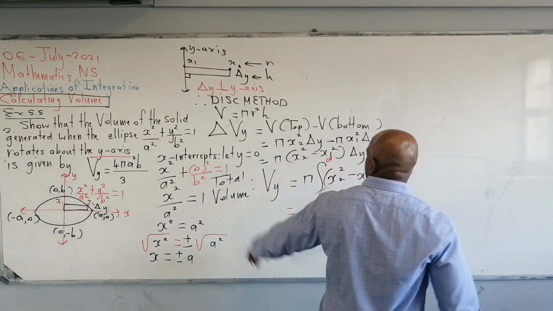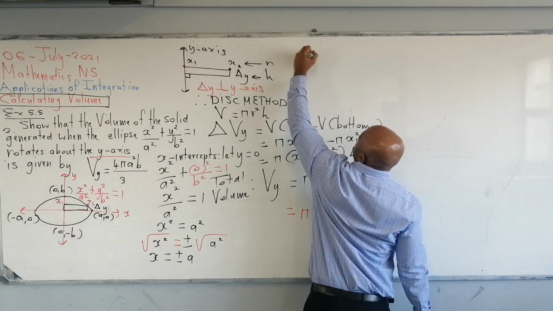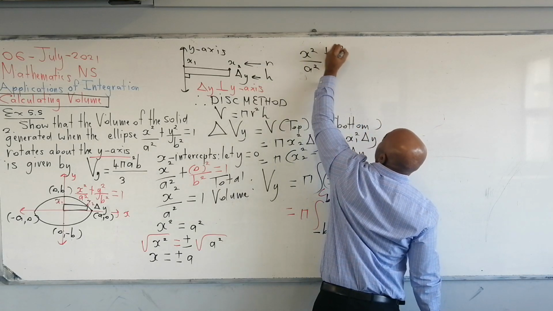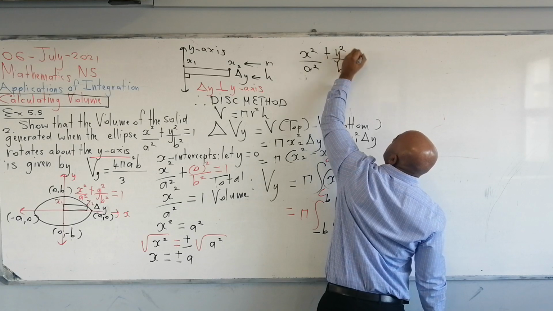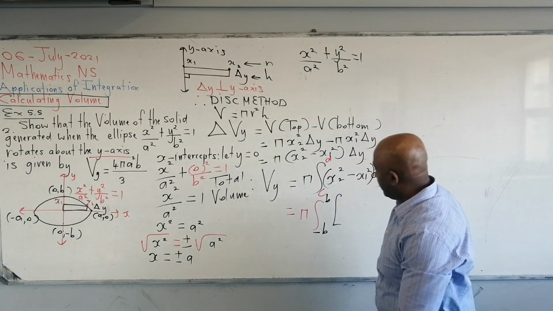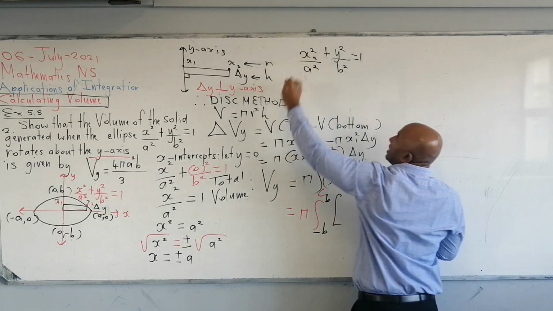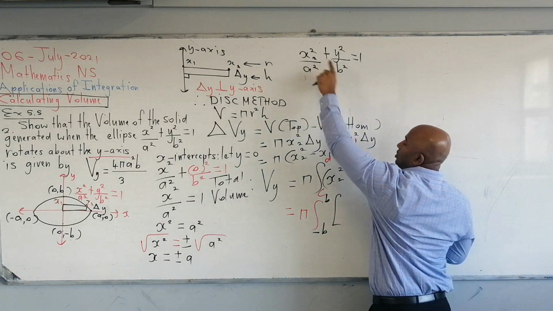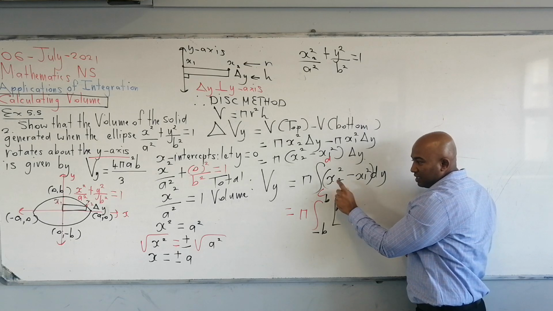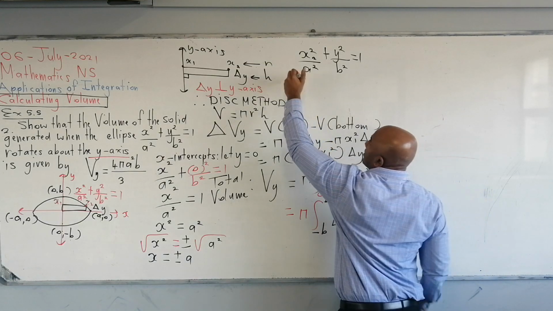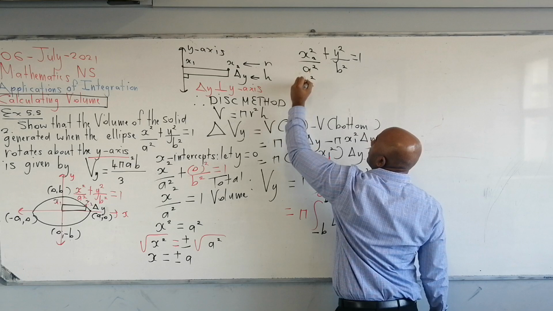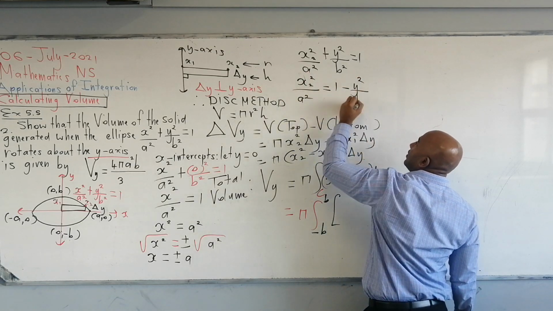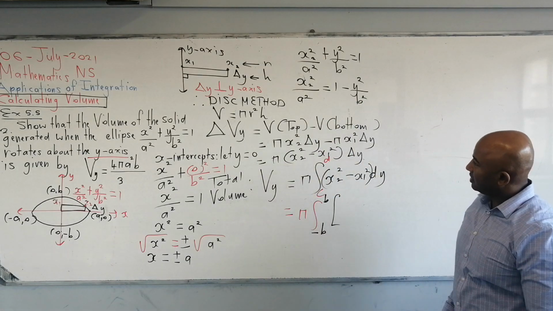So let's do that. We have x squared over a squared plus y squared over b squared is equal to 1. This we know is x2 because it's touching x2. So we need to make x2 the subject of the formula because I have x2 squared here. So now I have x2 squared over a squared is equal to 1 minus y squared over b squared.